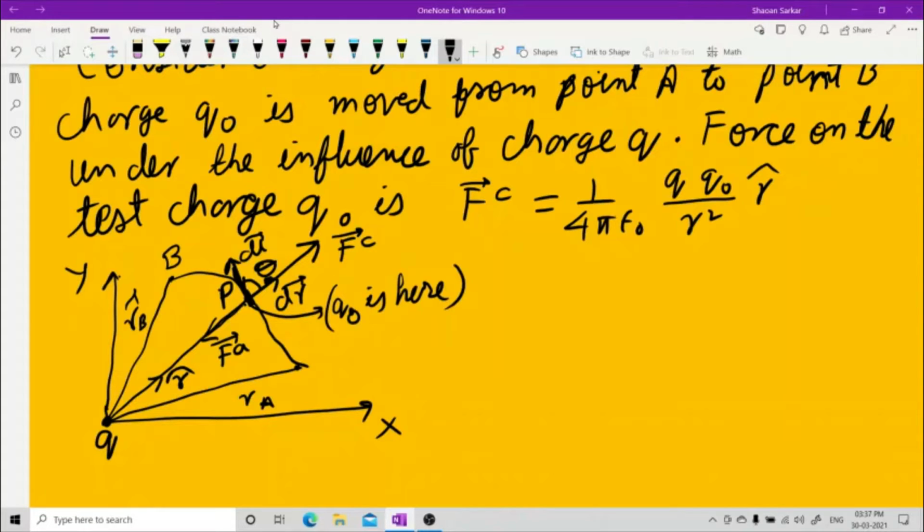Now you see, this is the point A, and this is the vector RA.